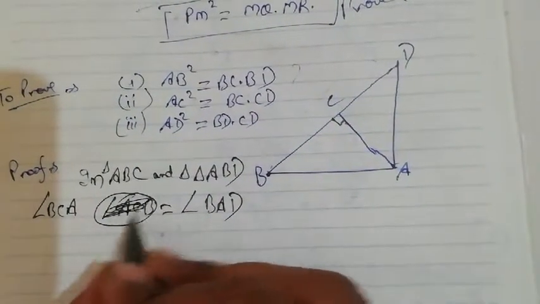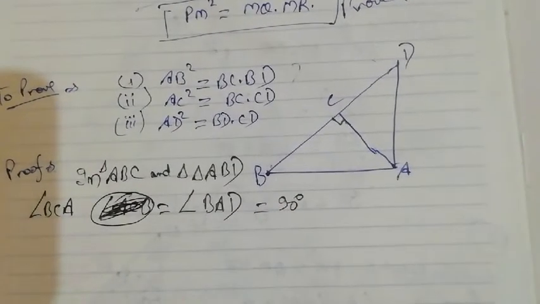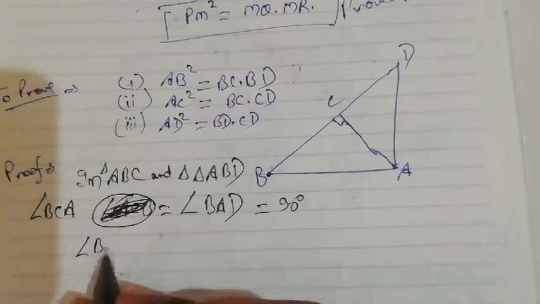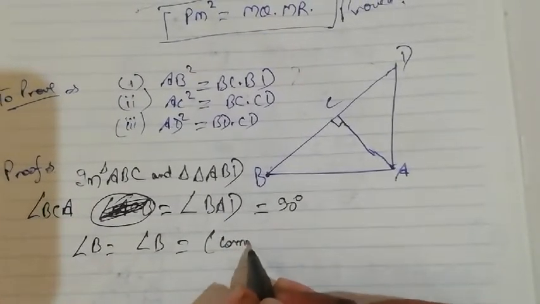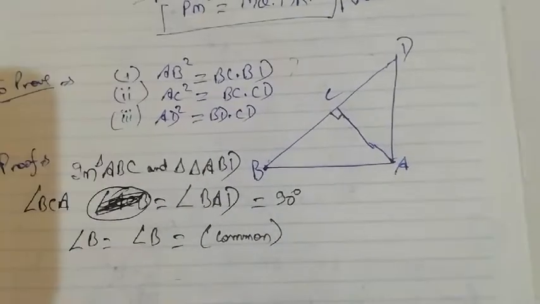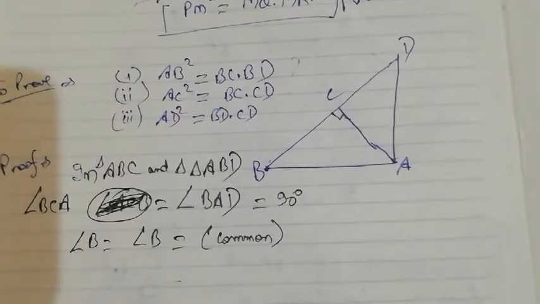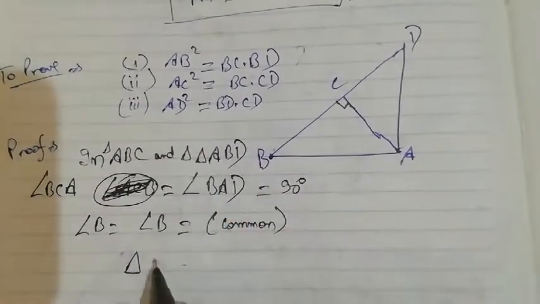Now angle BCA is equal to angle BAD, equal to 90 degrees, and angle B is common here. So by which theorem? By angle similarity.